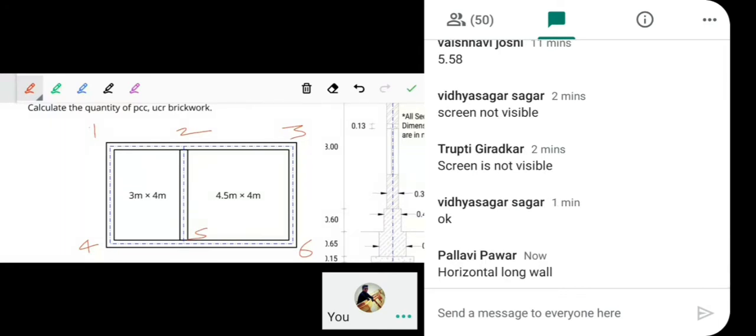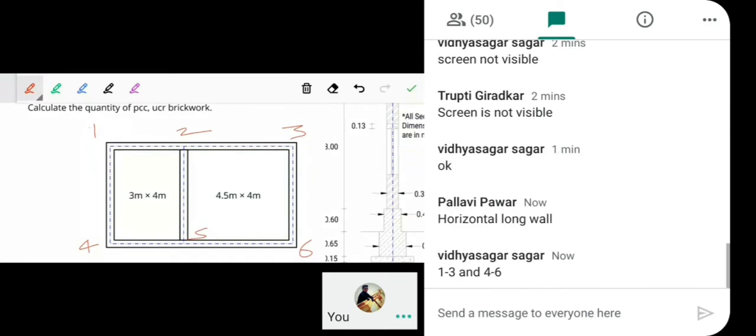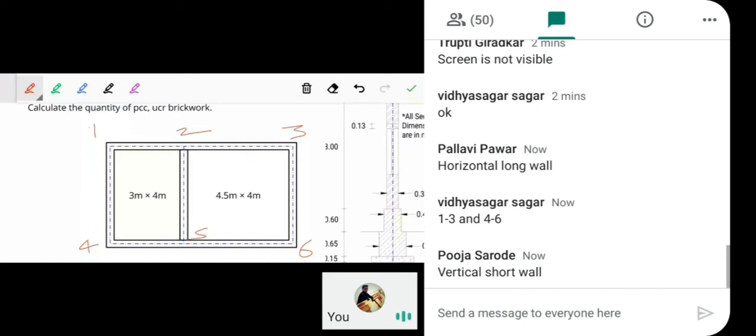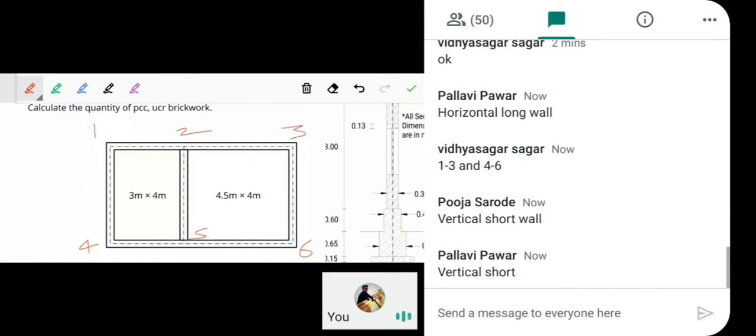The horizontal walls will be the long walls. So 1 to 3 and 4 to 6 will be the long wall, right? And the verticals will be the short walls, that is 1 to 4, 2 to 5 and 3 to 6.